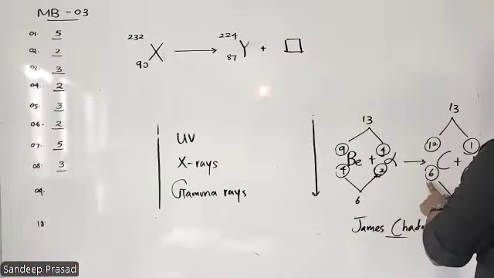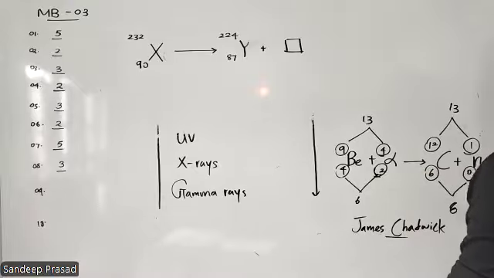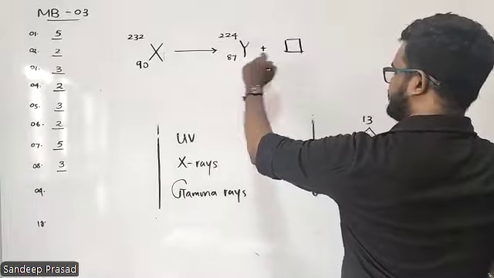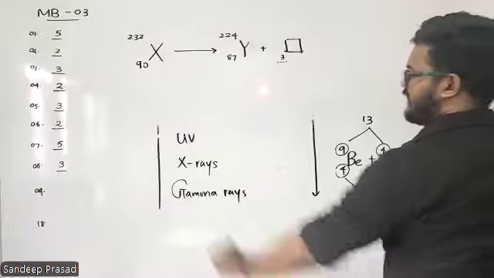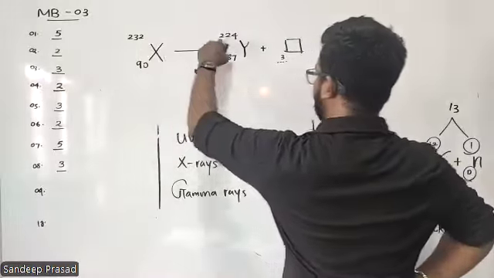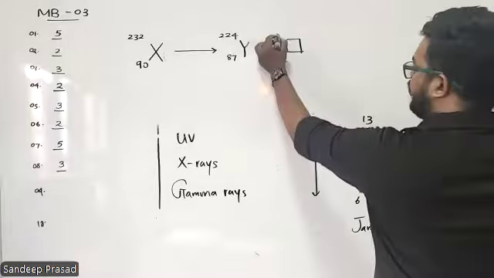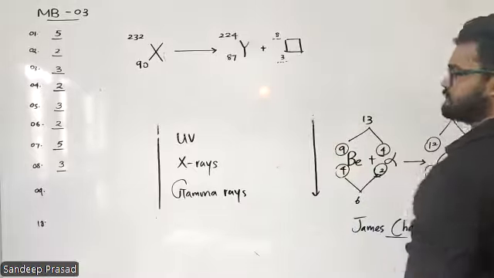So just imagine one radiation. Just now we learned that when we are balancing a nuclear reaction, the relative charges and relative masses should be equal. So here we have 90, 87. Then definitely this one should be 3. Here 232 and here 224. Then how much do we need? We need 8 more. Definitely this one cannot be an electron, a beta particle.